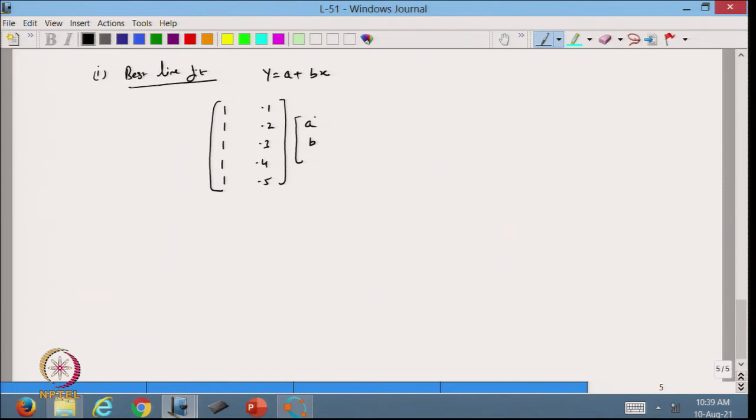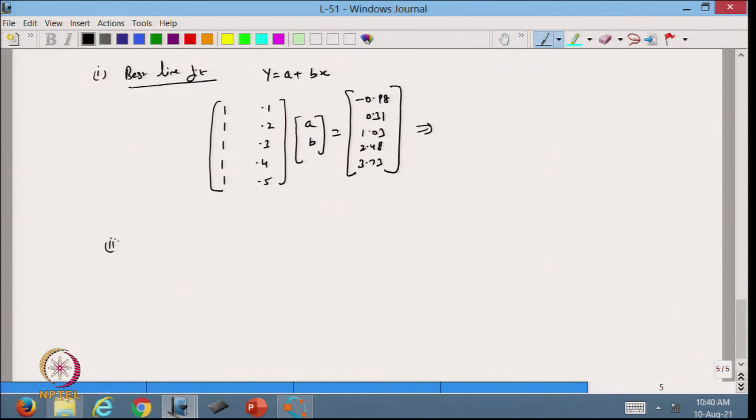This is my A times the vector of a and b, and on the right hand side we have minus 0.18, 0.31, 1.03, 2.48 and 3.73. So, this is my line fit, and I will find the solution of this.